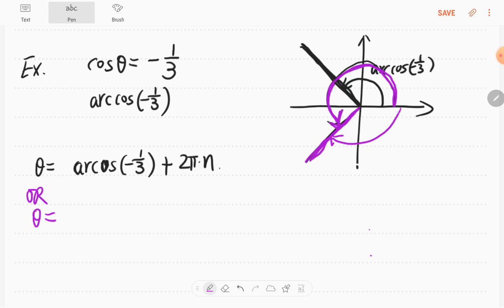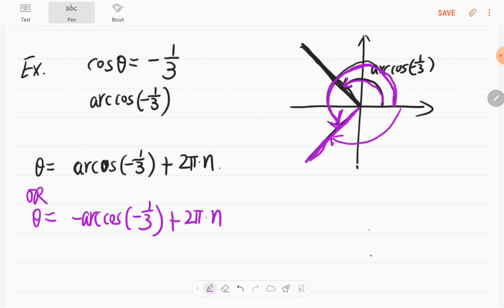This side is actually the opposite of this angle, which is negative arc cosine of negative 1/3 plus 2 pi times n.